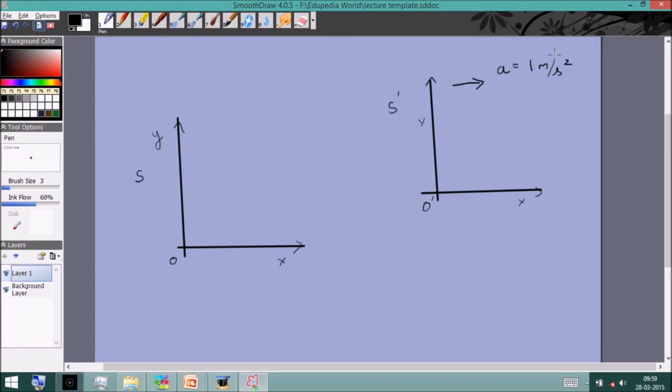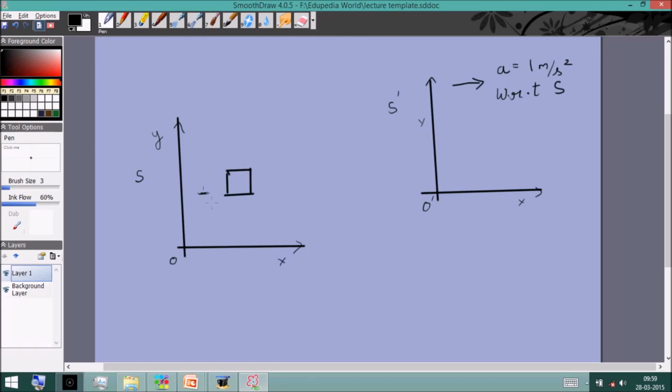So let's say this is a frame S, and let's say this is a frame S dash, which has an origin O dash, which has an x and y axis like this. And let's say the frame S dash is moving to the right with an acceleration of 1 meter per second square.